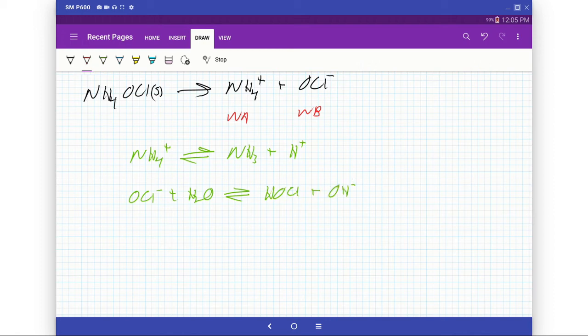So this has the potential to be acidic or basic, and at this point we don't know which is going to win out. It ultimately is going to come down to whether the ammonium ion is a stronger acid than the hypochlorite is a stronger base. We will look at that in a little bit once we get into doing calculations. But for now, the solution is going to be acidic or basic.